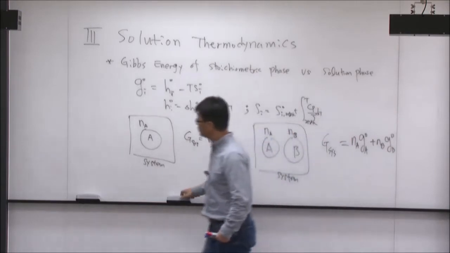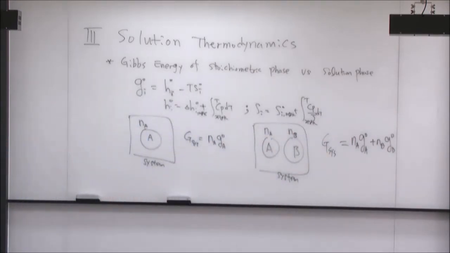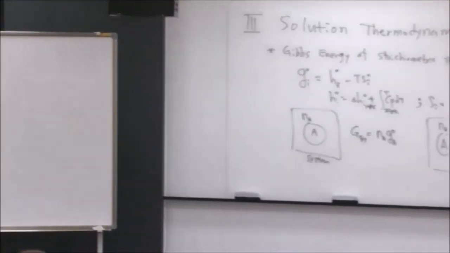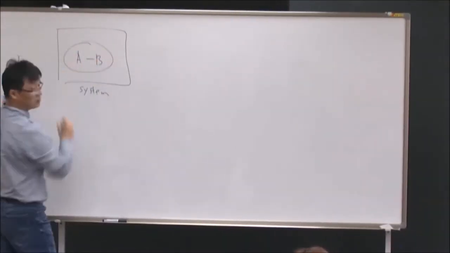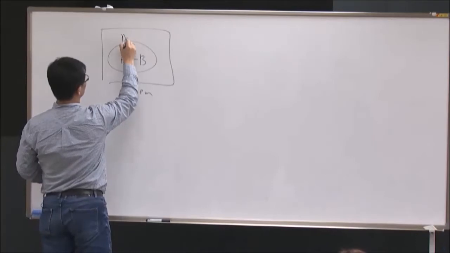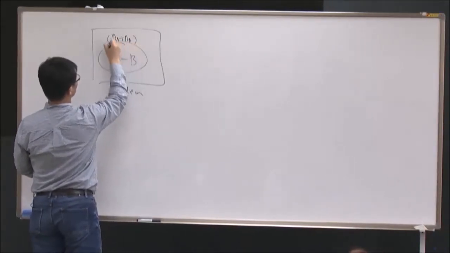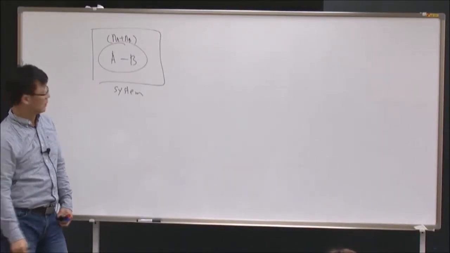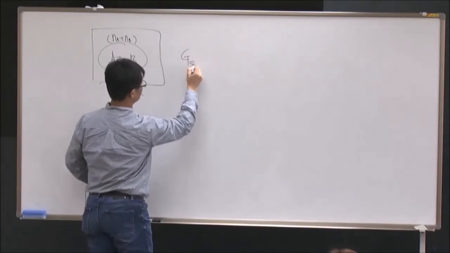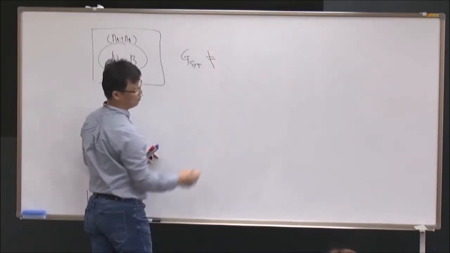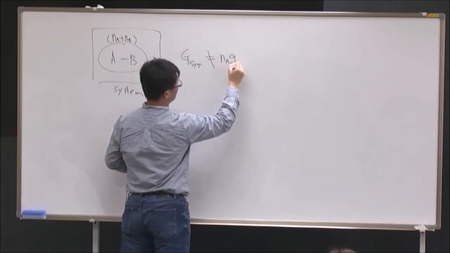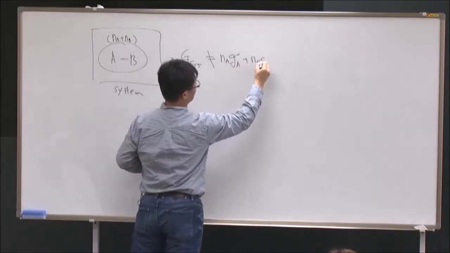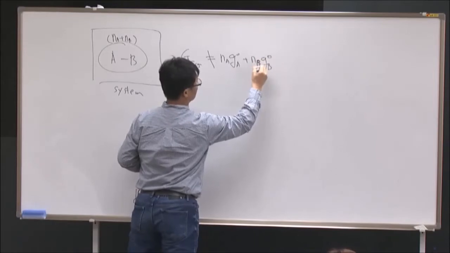Now, how about when you have the solution phase? So now, if you consider that my system is an AB solution phase, which has NA plus NB moles of AB solution, then the Gibbs energy of this one is not anymore the same as NA G_A pure plus NB G_B pure.